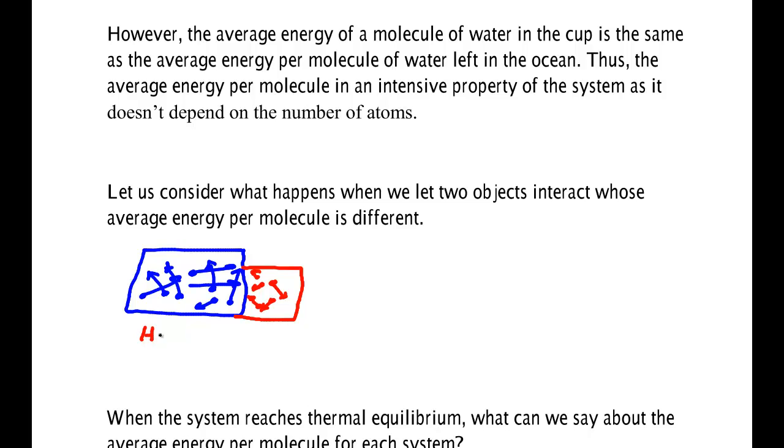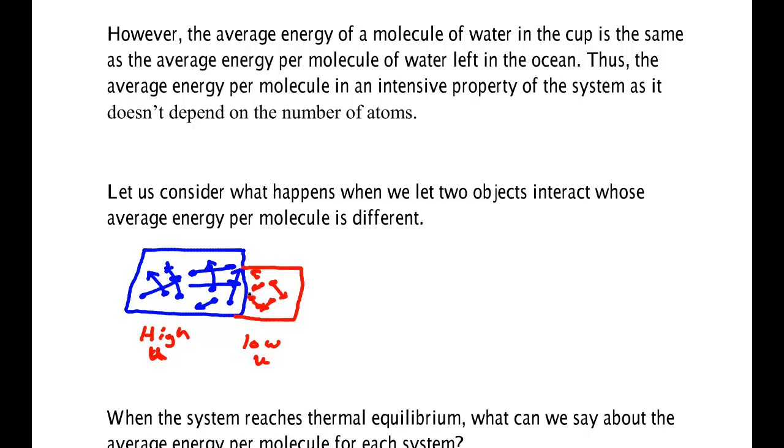So this is high U, and this is low U, where U is the energy per molecule. When this fast-moving object hits a slow-moving object, the fast-moving object begins to slow down, and the slower-moving object picks up speed, just like an object running into a second ball in a pool game.